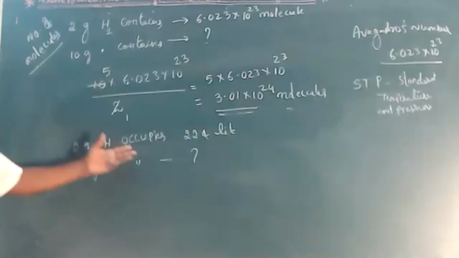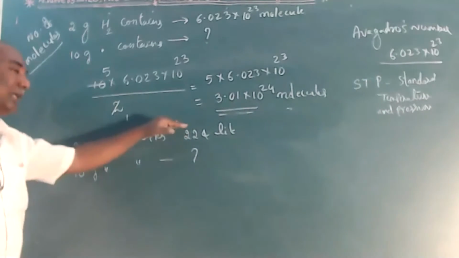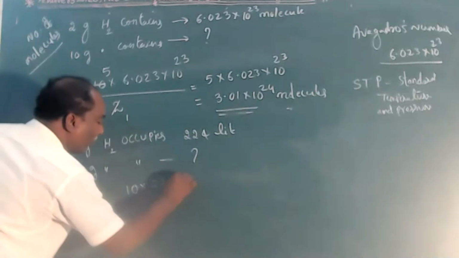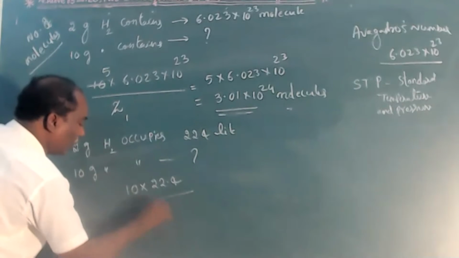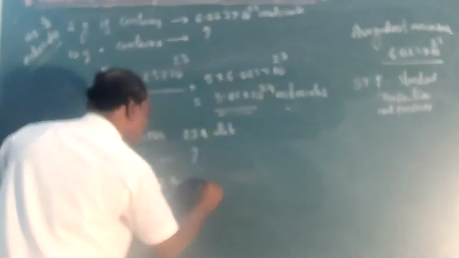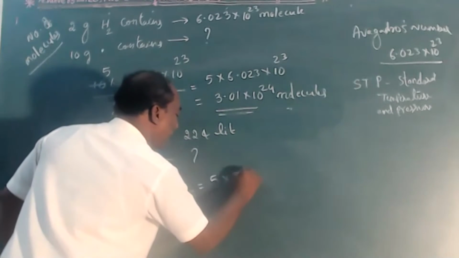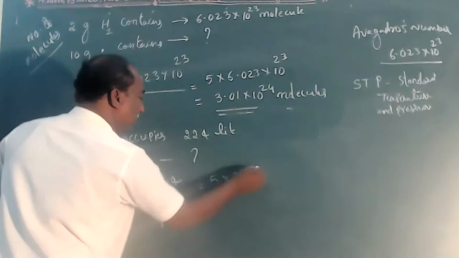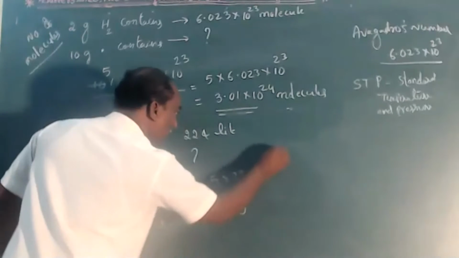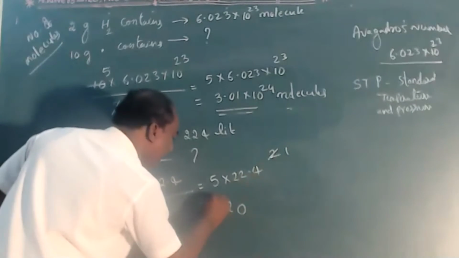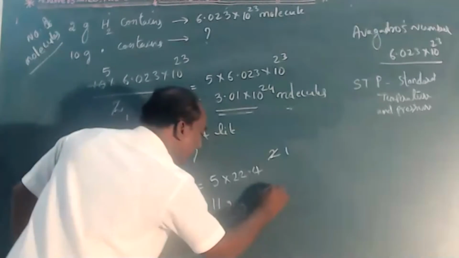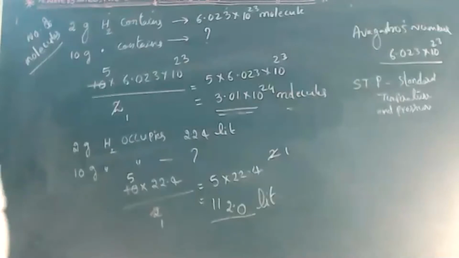Do the same cross multiplication: 10 into 22.4 by 2. 2 ones are 2, 5 twos are 10, equals 5 into 22.4. 5 fours are 20, 5 twos are 10 plus 2 is 12, so 112.